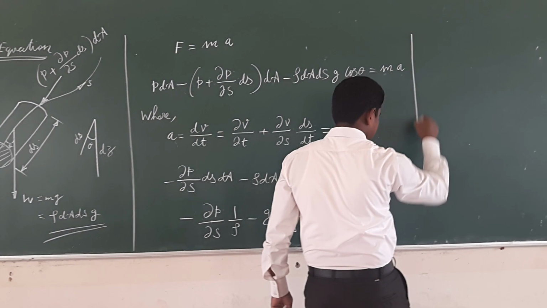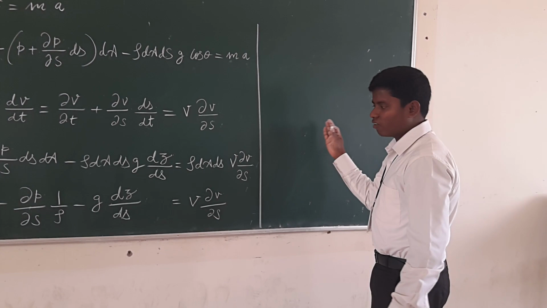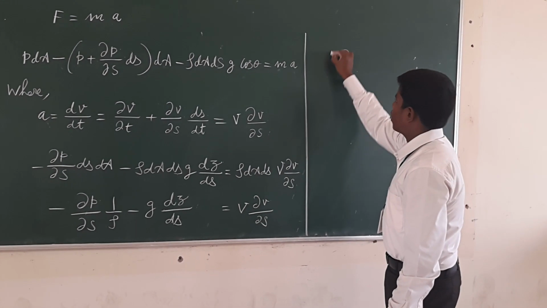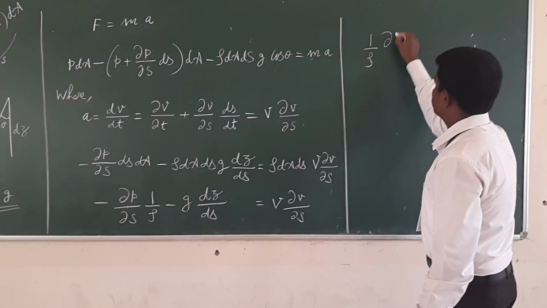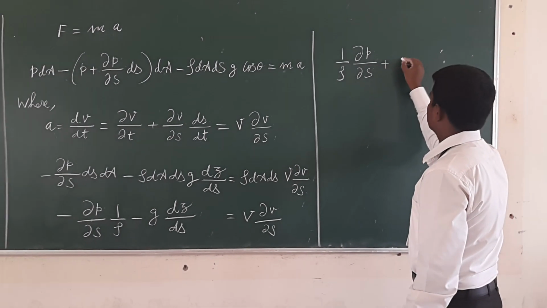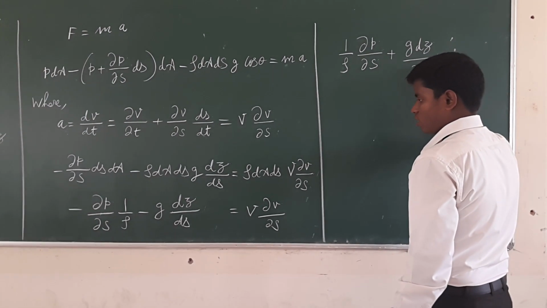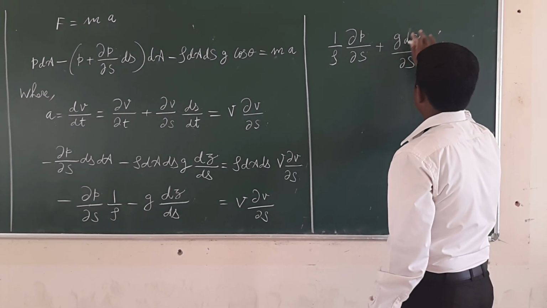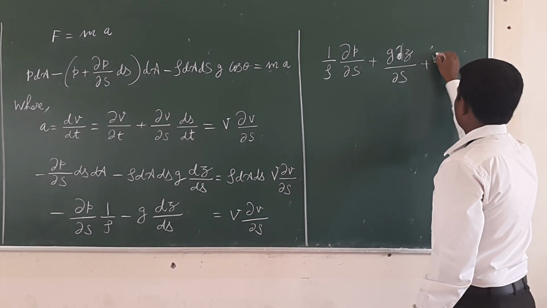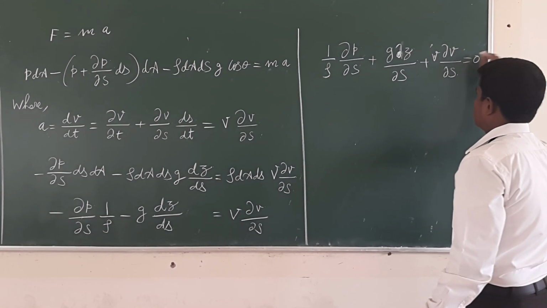If I bring the right hand side term to the left hand side, all will become negative, so straight away I can consider all the terms as positive: 1 by density dou p by dou s plus g dou z by dou s plus v dou v by dou s equals 0.